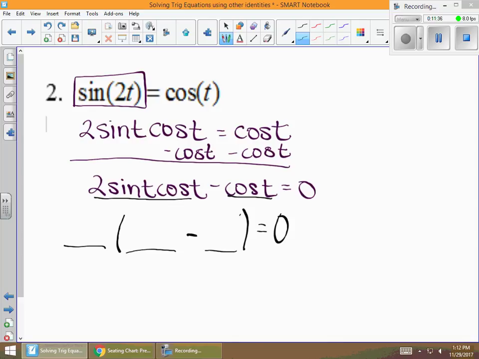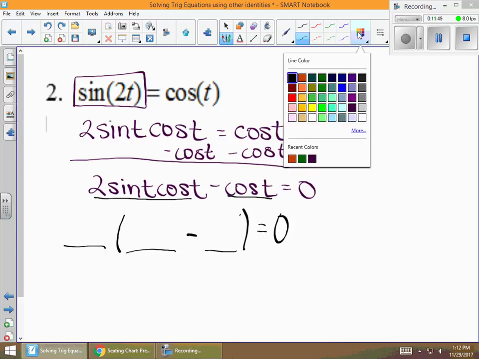It's really easy with all of this stuff going on to lose things that are seemingly little but totally mess up your solution. So what do these 2 terms have in common? Cosine of t. So that's what you're going to factor out.